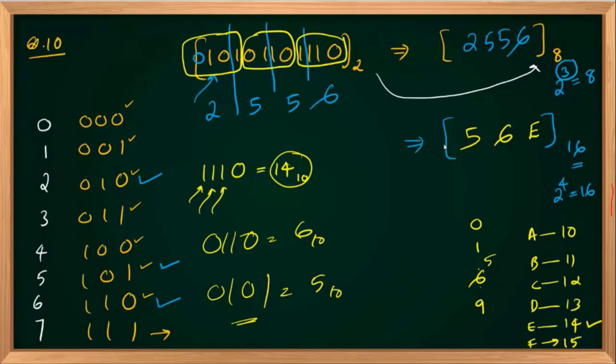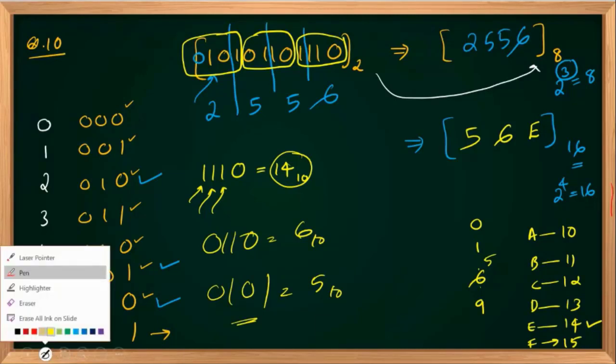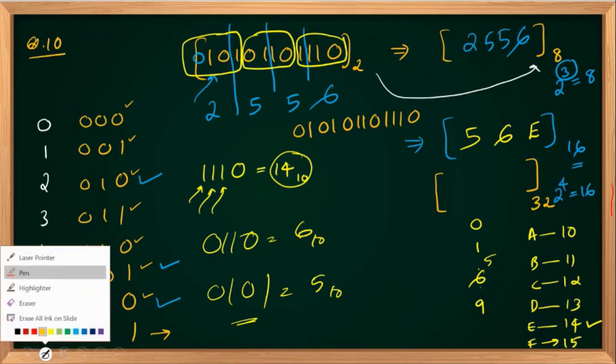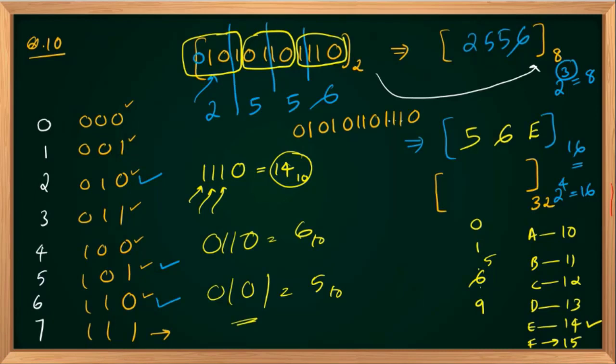If you are asked to find the base 32 equivalent of this number, let me rewrite that number here. It is 0, 1, 0, 1, 0, 1, 1, 0, 1, 1, 1, 0. 2 power 5 is 32, so I should group 5 digits at a time. 1, 2, 3, 4, 5. 1, 2, 3, 4, 5.